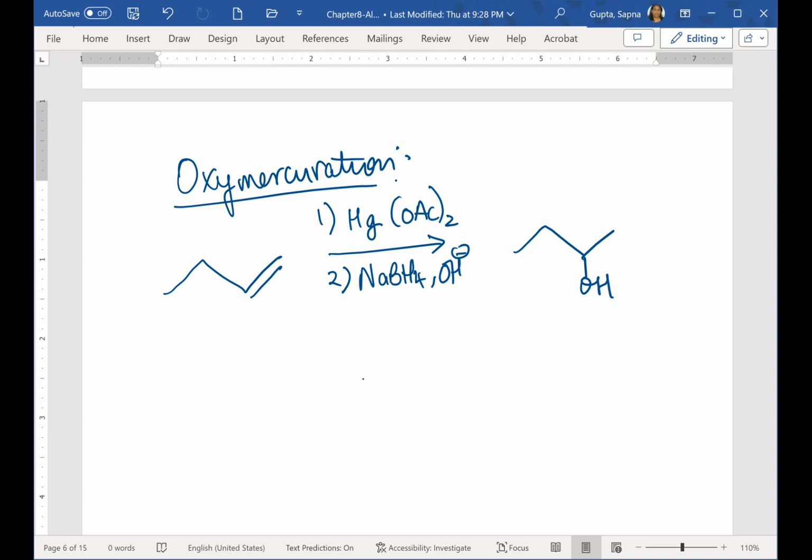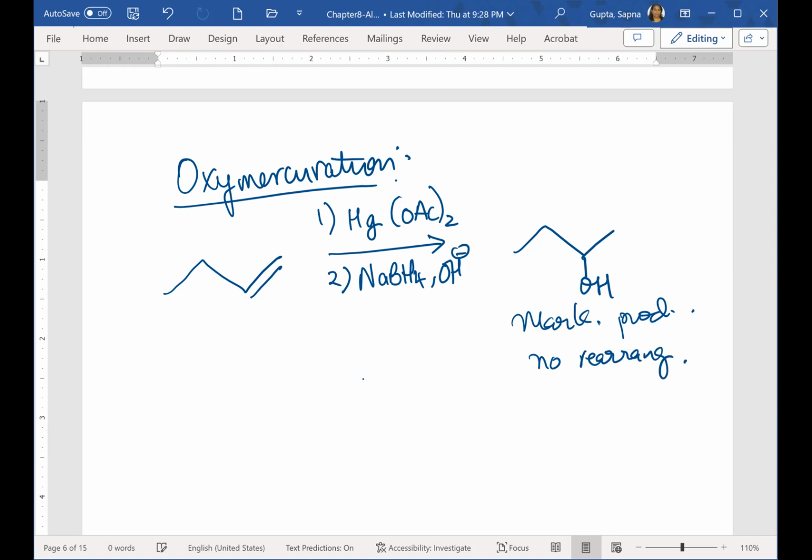Please make sure that your bond is from the carbon to the oxygen and not somewhere in the middle, and not to the hydrogen. So this is still Markovnikov. I'm going to write a short form, okay? Markovnikov product. This is still Markovnikov. But the best part about oxymercuration is that there is no rearrangement.